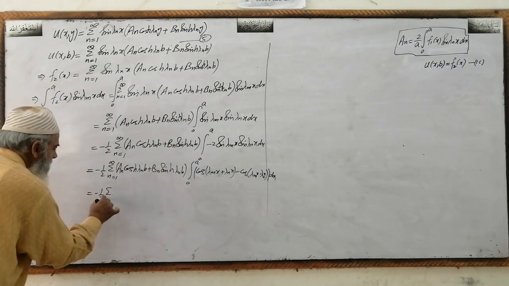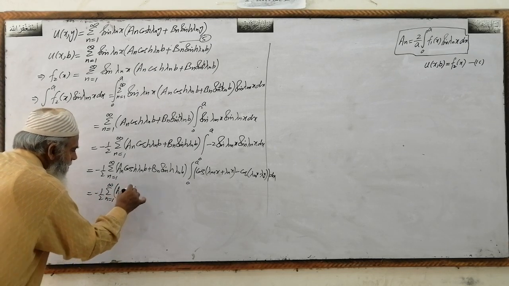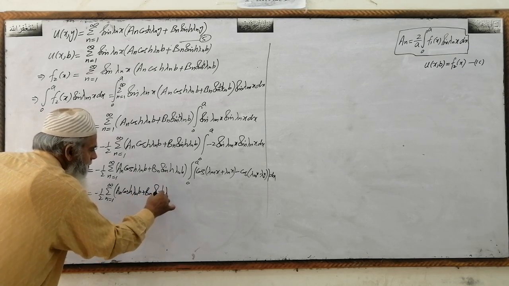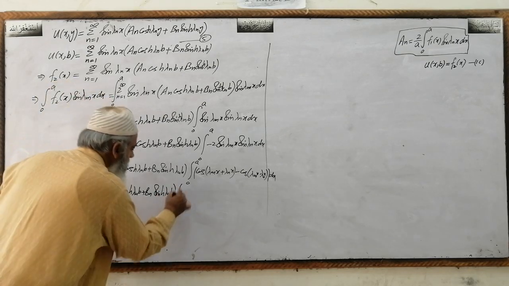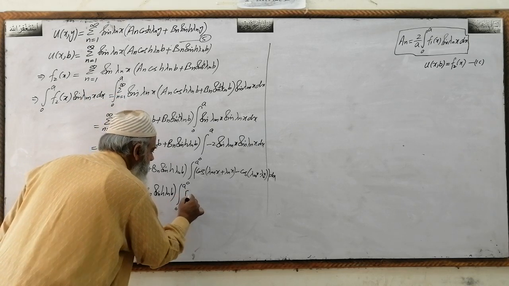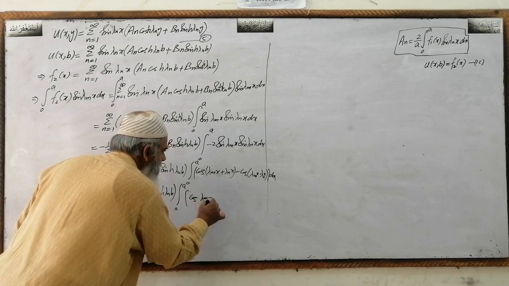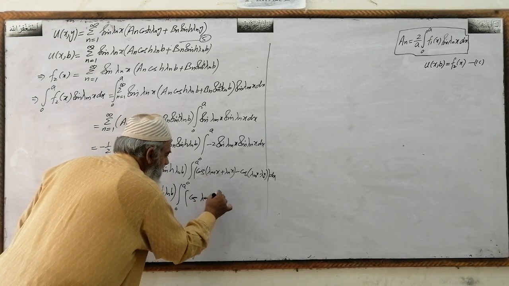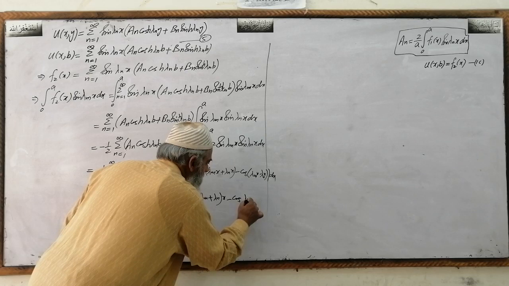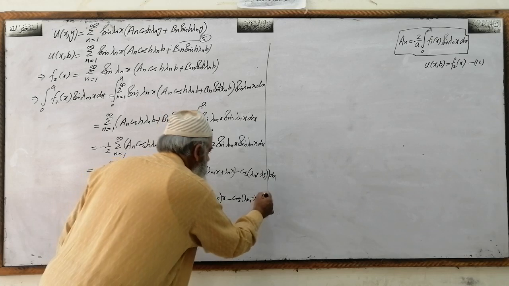Minus 1 by 2 sigma n varies from 1 to infinity [an cosh lambda n b plus bn sinh lambda n b], integral 0 to a, this will become cos(lambda m plus lambda n)x minus cos(lambda m minus lambda n)x dx.